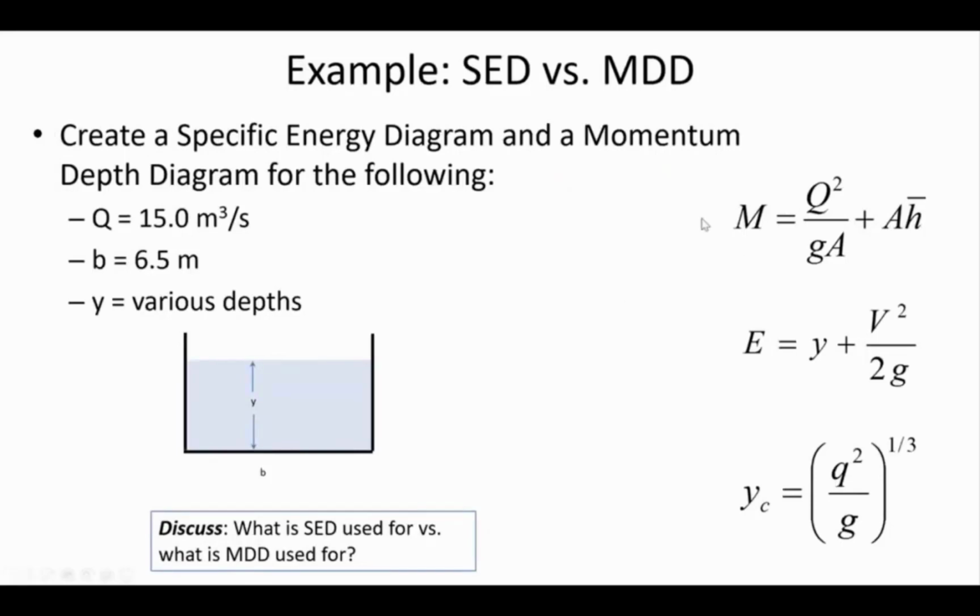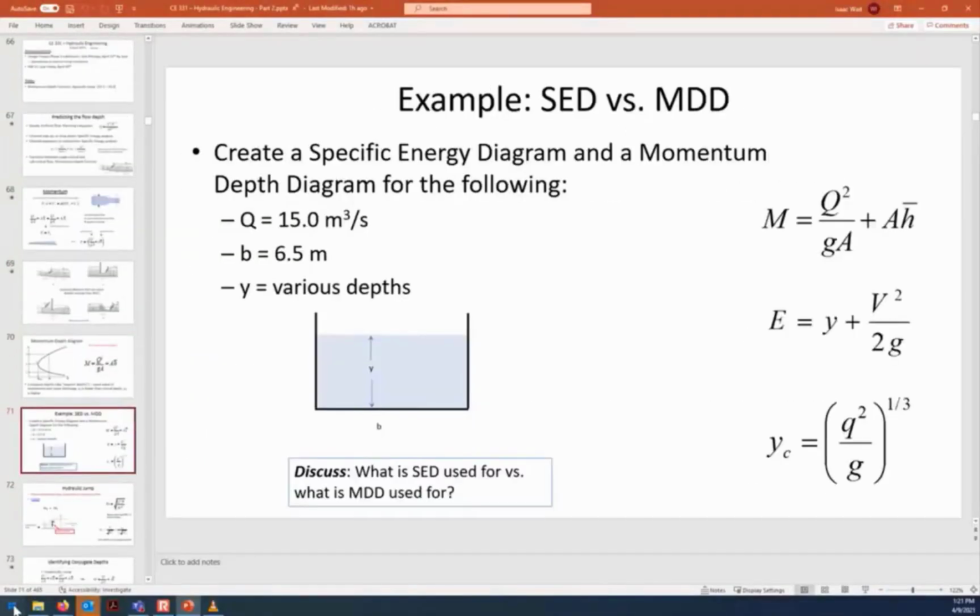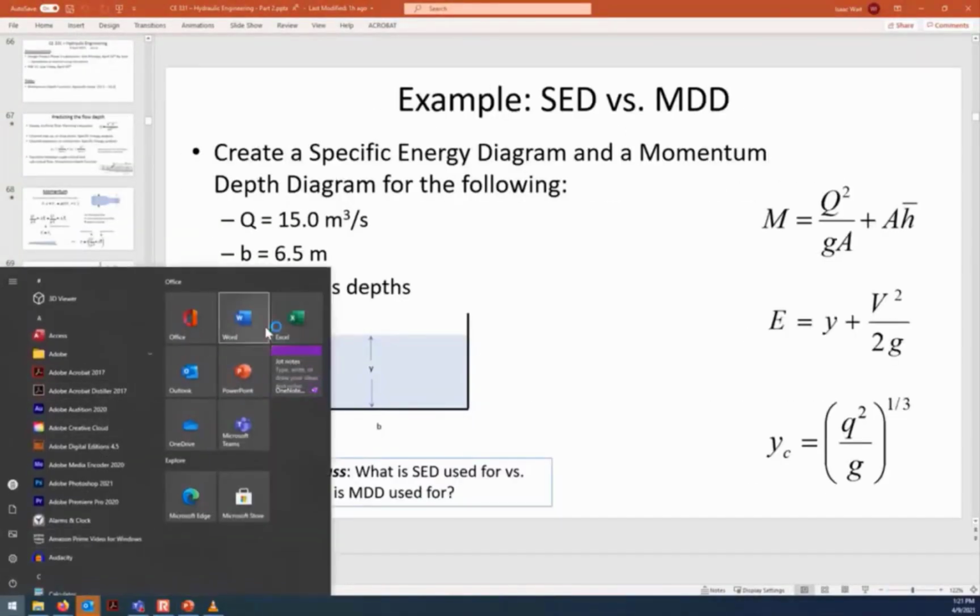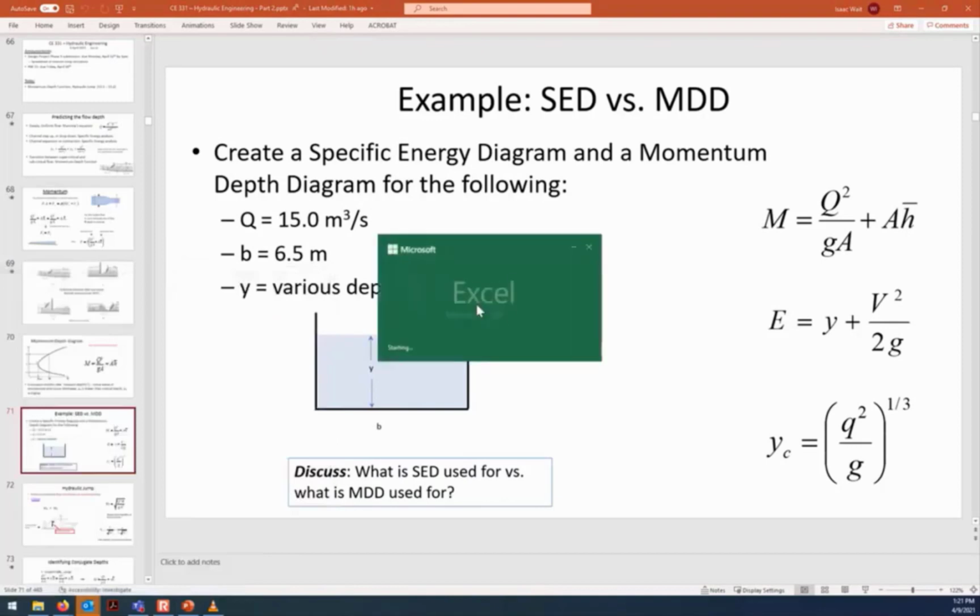Let's create a graph that has depth on the vertical axis, and on one figure we'll graph the momentum function, on the other we will graph specific energy, and we'll talk about how you would use each. Let me do a quick print screen here so that when I start up Excel I can paste this example slide into it. You can follow along if you like, or you can just watch, which is also completely fine.